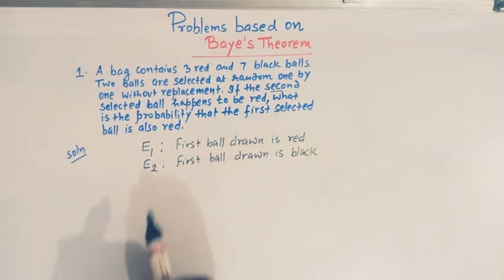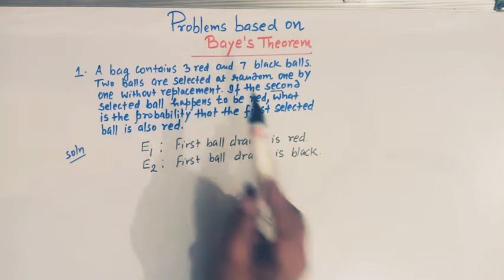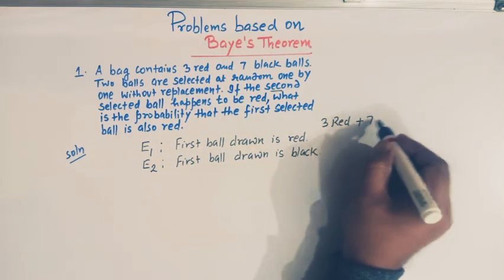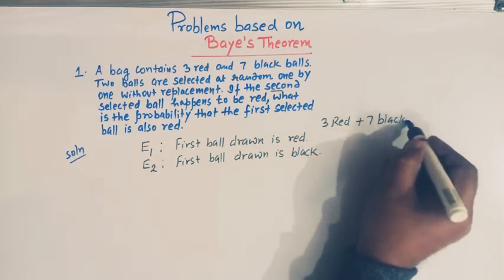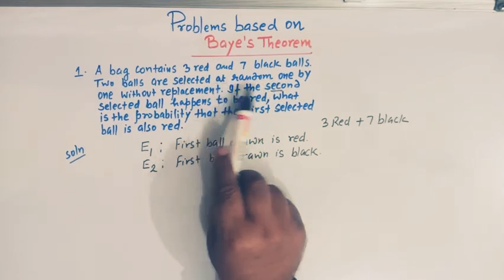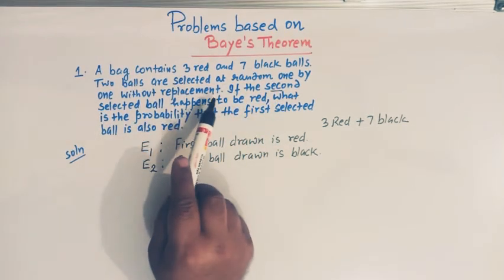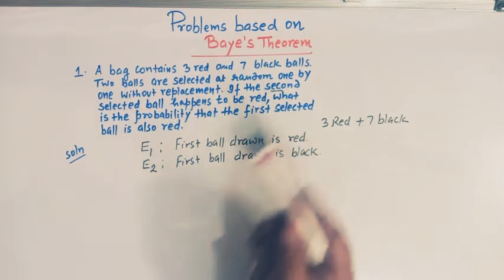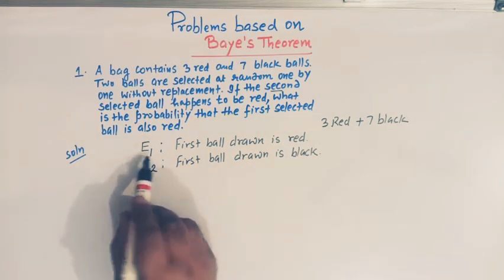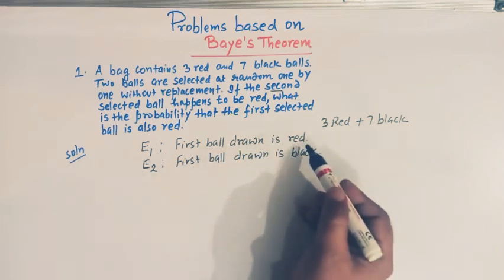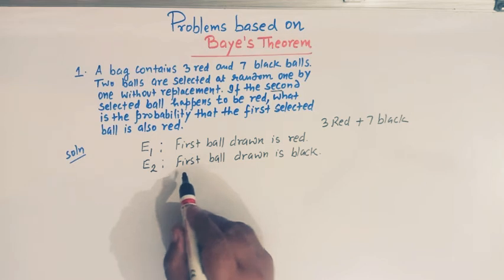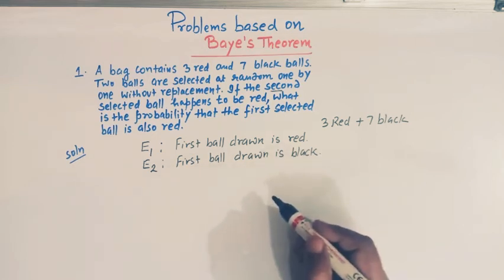So here the bag contains 3 red and 7 black balls, and we have to draw 2 balls at random one by one without replacement. So we have assumed that E1 represents the event that the first ball drawn is red, and E2 represents the event that the first ball drawn is black.